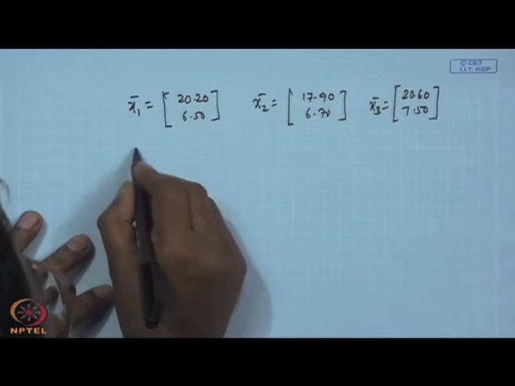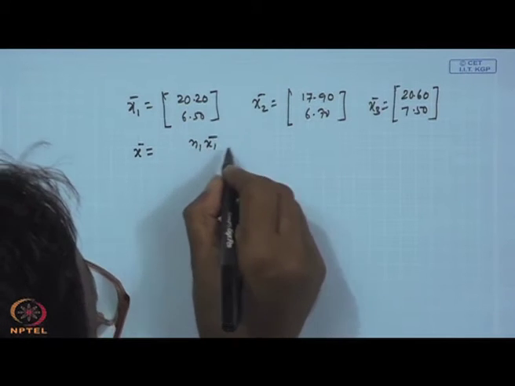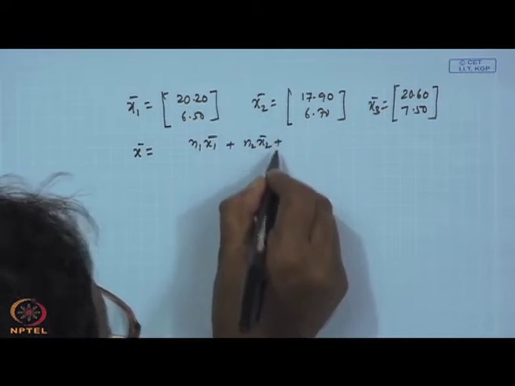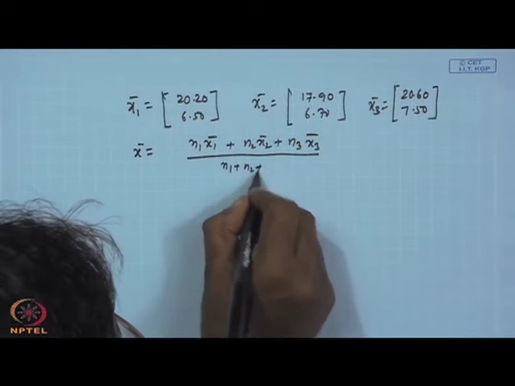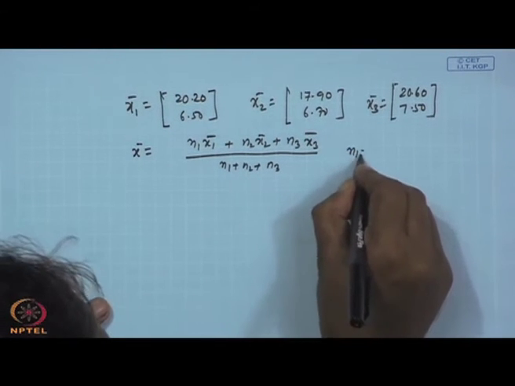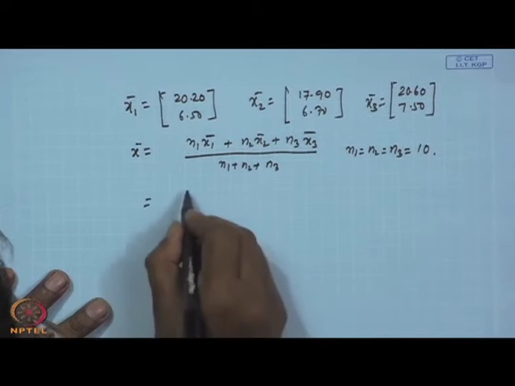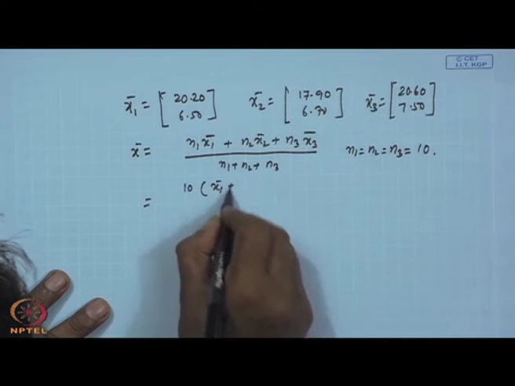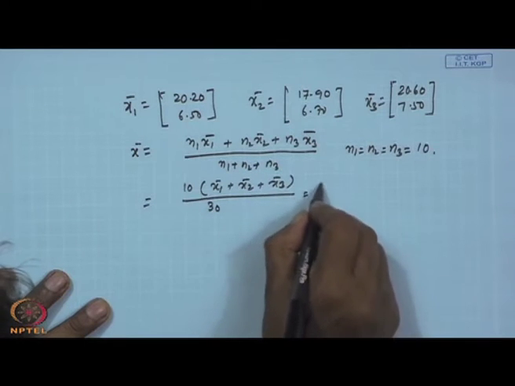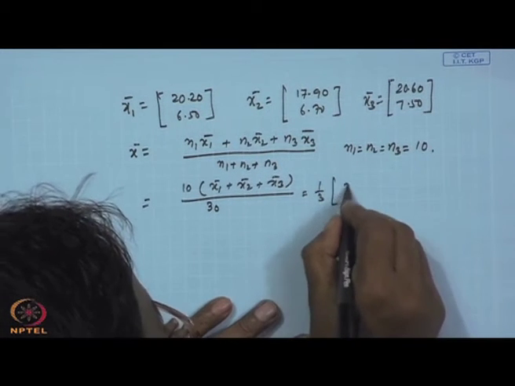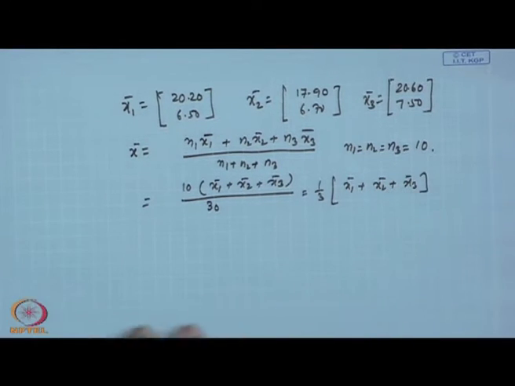Now, what will be your x bar? x bar will be n1 x1 bar plus n2 x2 bar plus n3 x3 bar, divided by n1 plus n2 plus n3. Now, we have n1 equal to n2 equal to n3 equal to 10. So we can write this as 10 times (x1 bar plus x2 bar plus x3 bar) by 30, which is 1 by 3 into x1 bar plus x2 bar plus x3 bar.